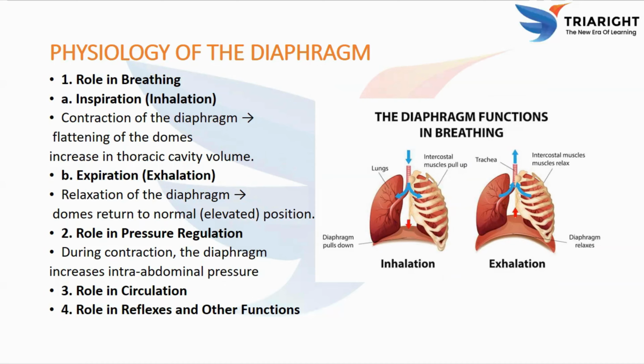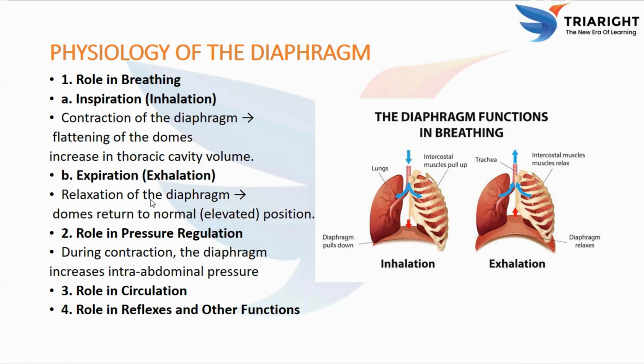As the space increases, the pressure inside the lungs decreases and air is drawn into the lungs. So in short, you can remember this easily: contraction, then flattening, then thoracic volume increases, and then air enters the lungs.